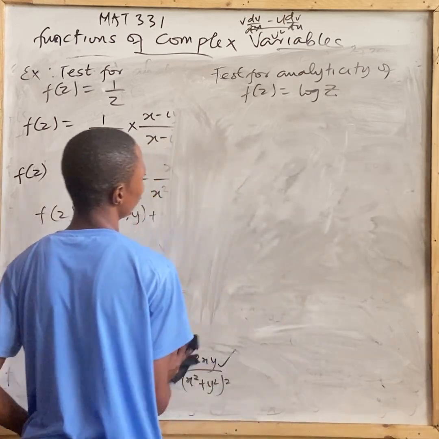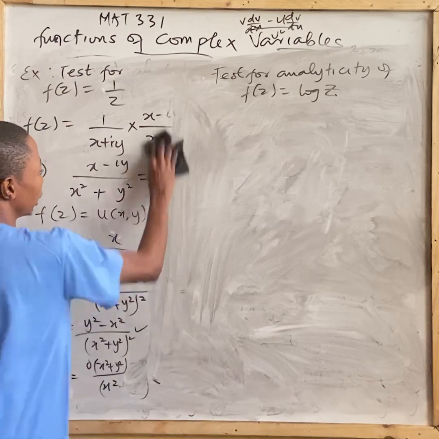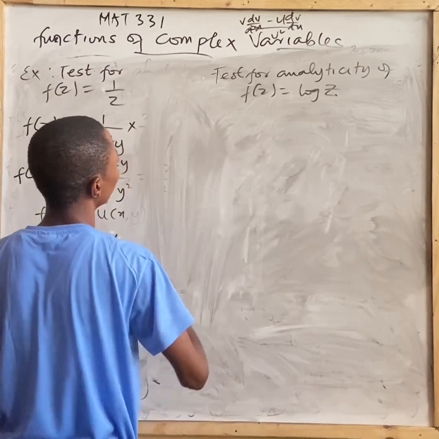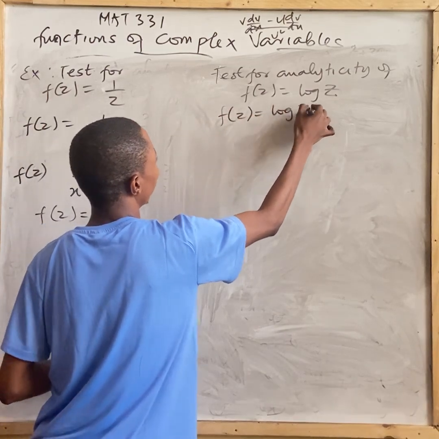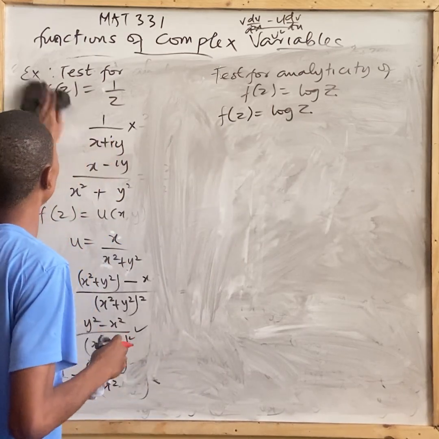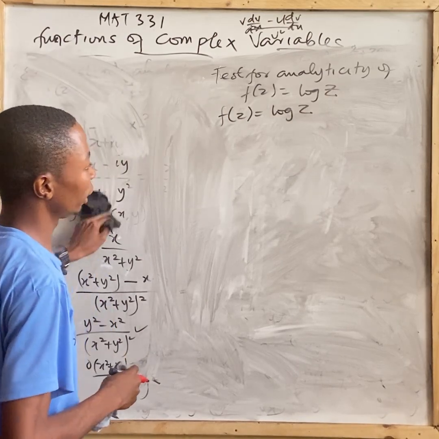What's the first thing we are going to do? We will first separate the function into real and imaginary parts. If I have f of z equals log z, we know that z is a complex number. We can express z in rectangular form, polar form, or exponential form.